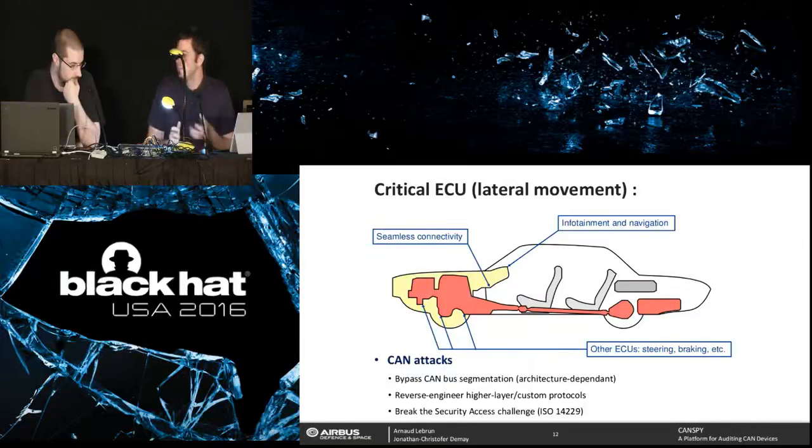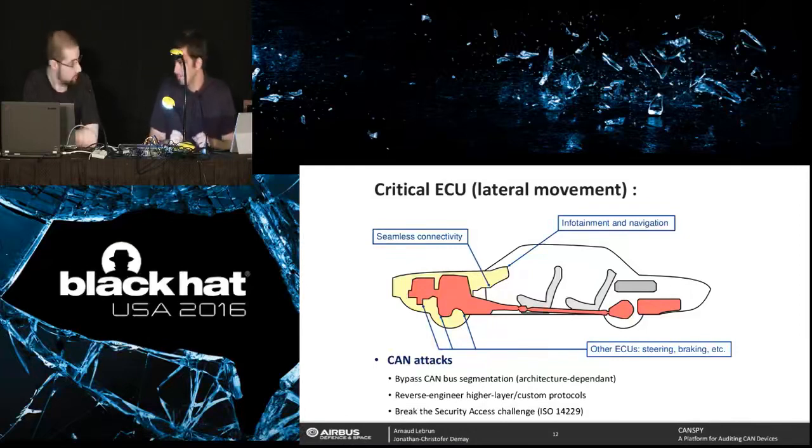So when you have access to this infotainment or non-critical CAN bus, you want to do lateral movement and try to get access to the critical bus. For that, you can do reverse engineering of the protocol or try to break the security access challenge. This will give you access to some features of the ECU. We call that a debug mode or a higher privilege. You can have access to other settings of the ECU, and this will obviously give you more access to the car.